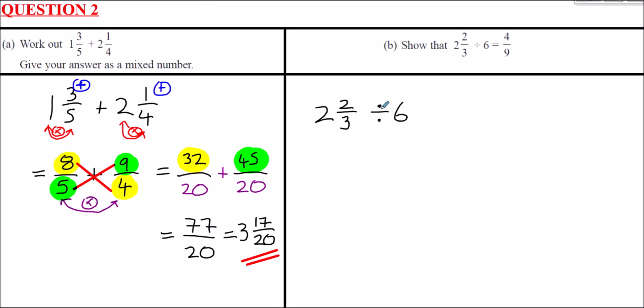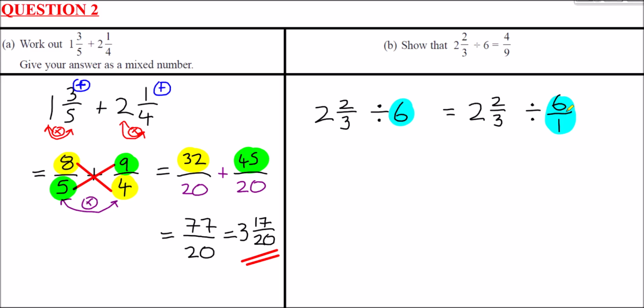Well, if we're dividing by 6, we can say that's the same as 2 and 2/3 divided by, I can rewrite 6 or any whole number as a fraction by writing it as itself over 1. So at this stage, the only thing I'm doing is sneakily rewriting 6 as 6 divided by 1, which of course it is. So why I'm doing that will become very clear in a moment.